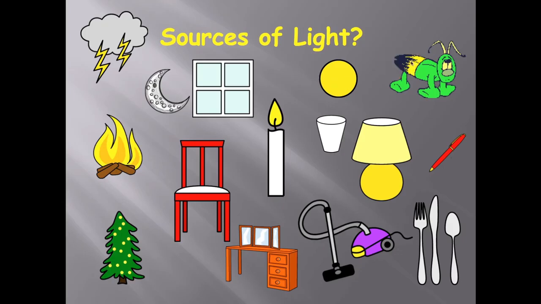The abdomen of the firebug is a luminous thing intermittently. The pen, the cutlery, the hoover, the desk, the mirror, the chair, the tree, the body of the candle, the glass, these are all things which are non-luminous, whereas the sun, the abdomen of the firebug, the fire, the lightning, the bulb in the lamp, the flame on the candle, these are all luminous objects, as are the lights on the tree.